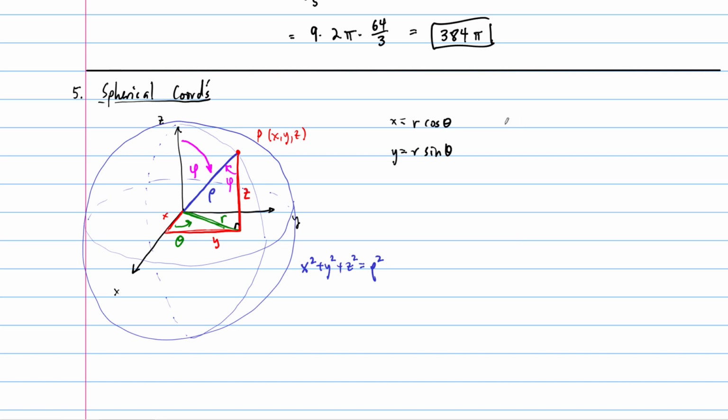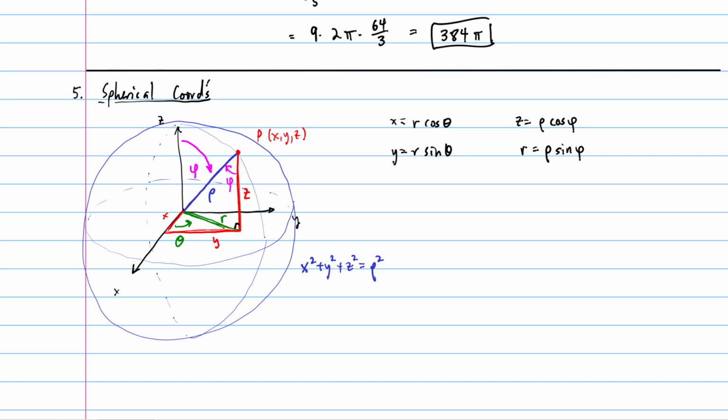Okay, so let's do that now. So in terms of z, this angle phi is the adjacent angle, right? And rho is the hypotenuse. So z is going to be equal to rho cosine of phi, right? And then by the same argument, this is the opposite angle from side r. So r is going to be equal to rho sine of phi. And so now what do we do?